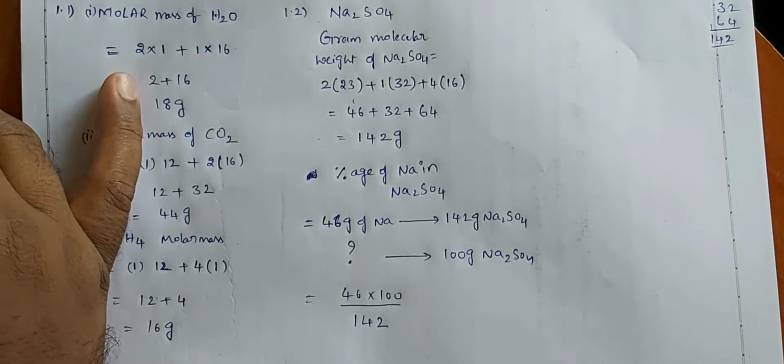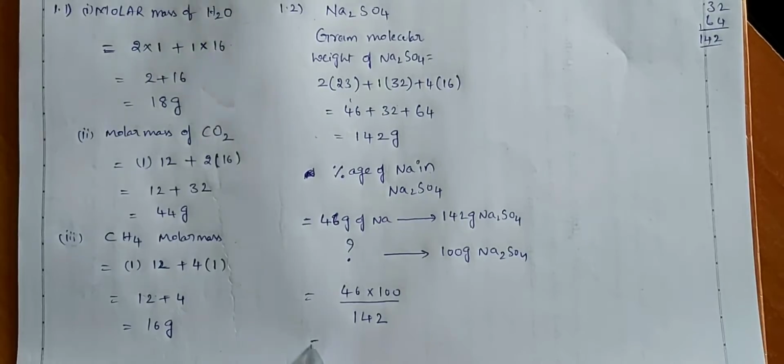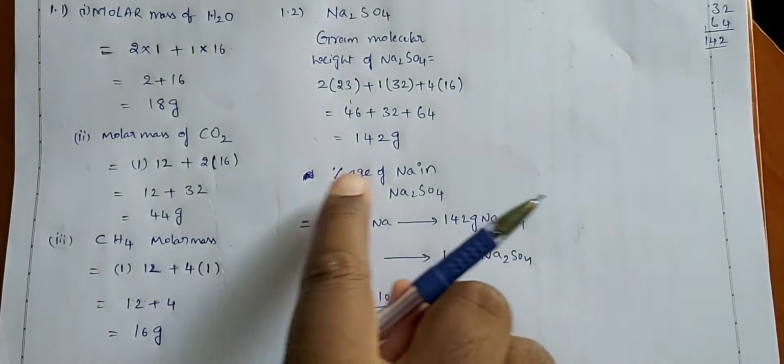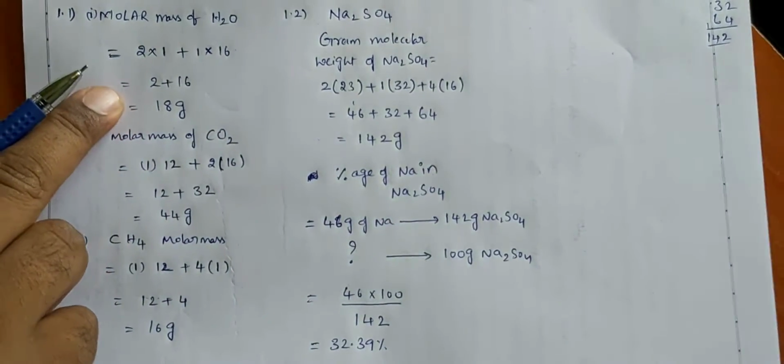We are getting 32.39%. This is the percentage of sodium in Na2SO4.